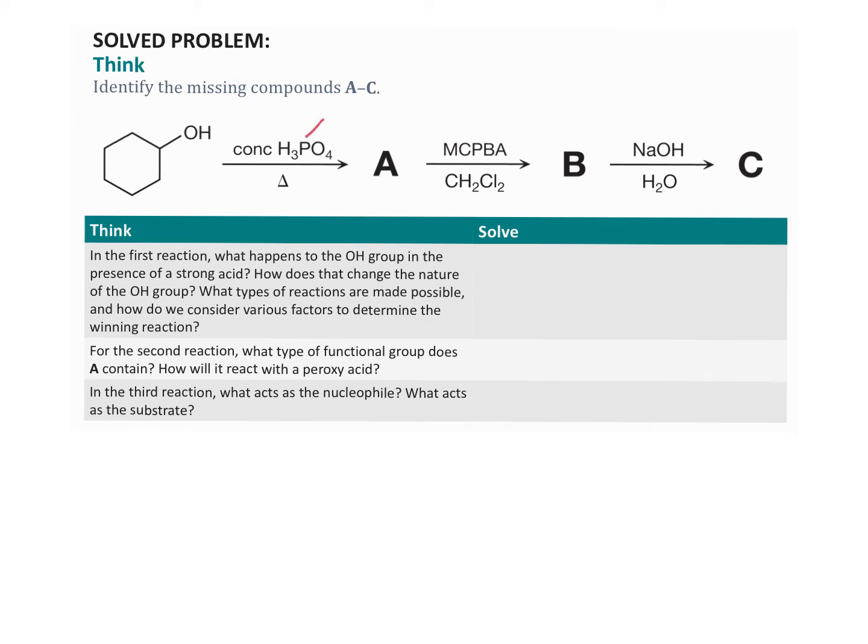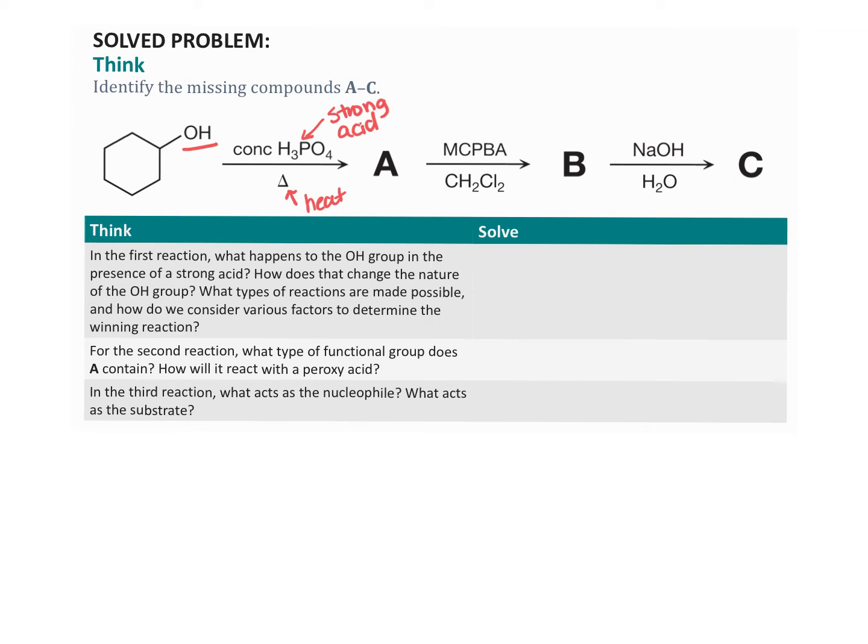That's what this is. We're going to come down here and we're going to say, hey, look, that's phosphoric acid. And I know that's a strong acid, right? That's how we're processing this. I know that this is heat, right? So we've got this functional group with a strong acid and heat. What's that product going to be, right? What are the various factors we need to think of?